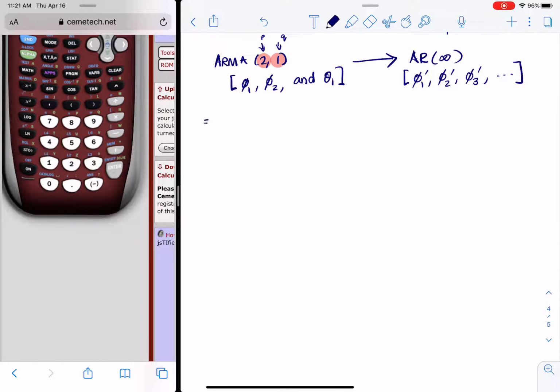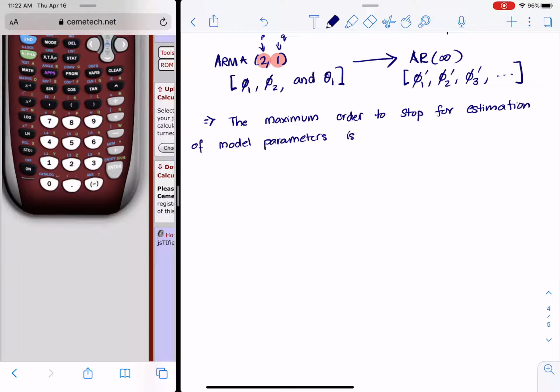So the maximum order to stop for estimation of model parameters is P plus Q, which in this case would simply be 2 plus 1, which gives us 3. So we can just stop at 3. So here we have an example.